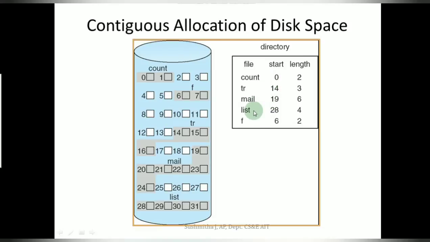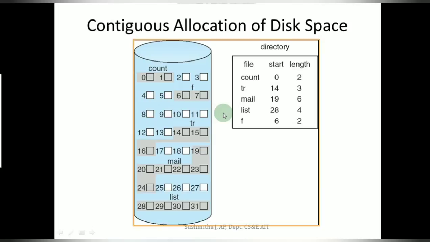Accessing a file that has been allocated contiguously is very easy. We can have sequential access, or we could even do direct access. In case of sequential access, the file system remembers the disk address of the last block that was referenced and, when necessary, reads the next block.